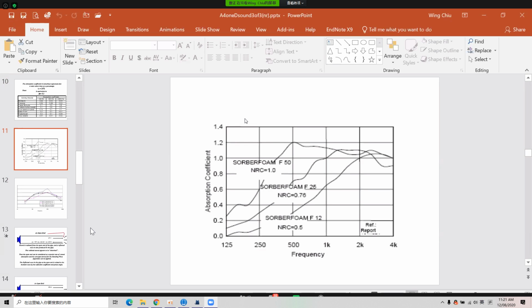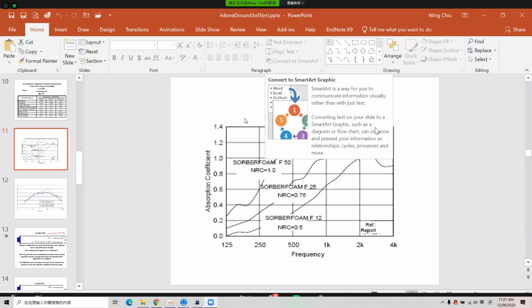Now, this is one of the projects that I did for some town councils. This here is the noise absorption characteristic of some materials that I have.